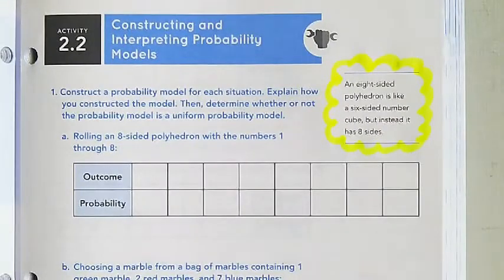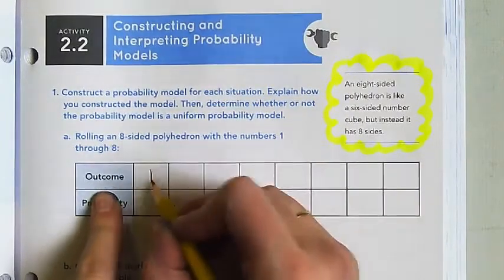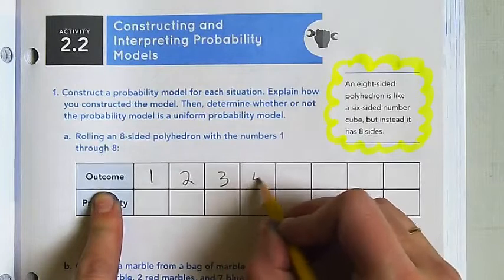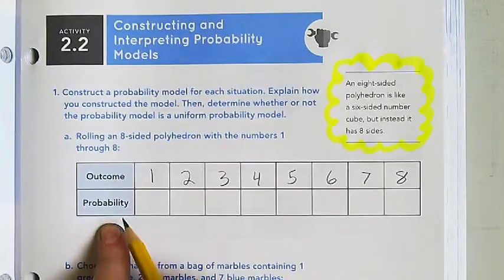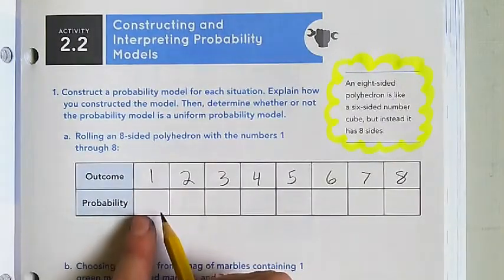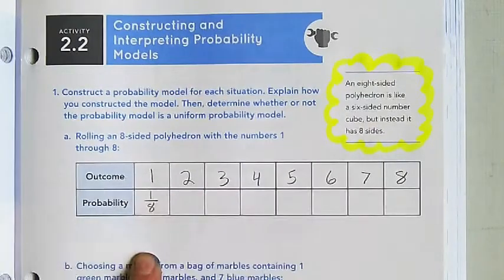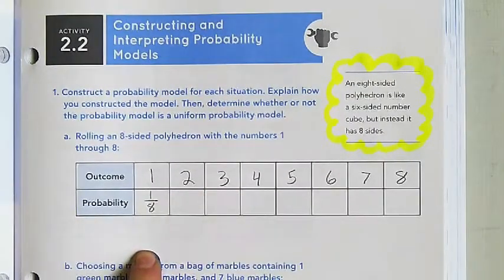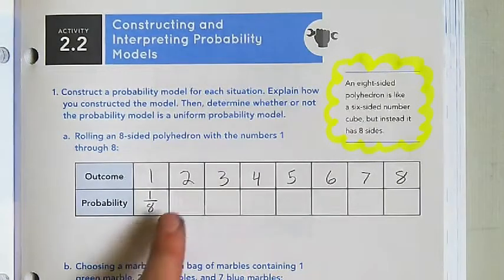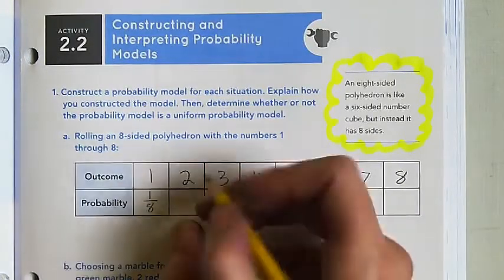So if we were to roll that 8-sided polyhedron, what are all the possible outcomes? 1, 2, 3, 4, 5, 6, 7, 8. So what would the probability of rolling a 1 be? 1 out of 8, because there's one face that has a 1 on it out of 8 total faces. What's the probability of rolling a 2? 1 out of 8.